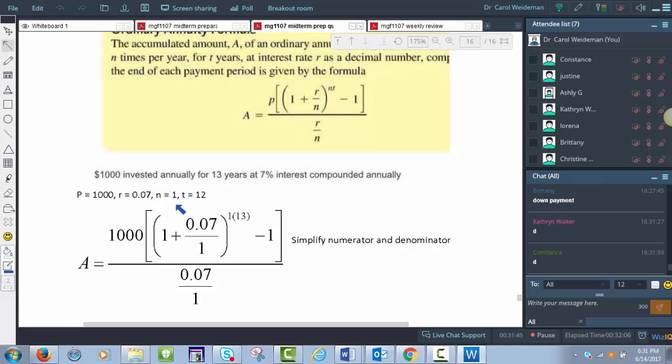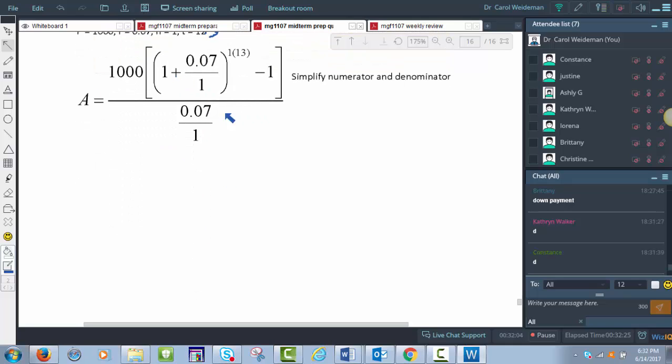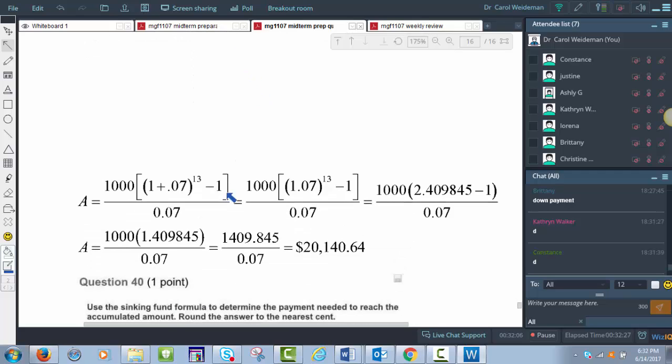This is compounded annually, so N is just a 1 here, and then it's for 13 years. It's correct in the formula, I typed it wrong here, it's 13. The formula's correct though. So 0.07 divided by 1, add 1, that's 1.07. It's going to be raised to the 13th power, minus 1.